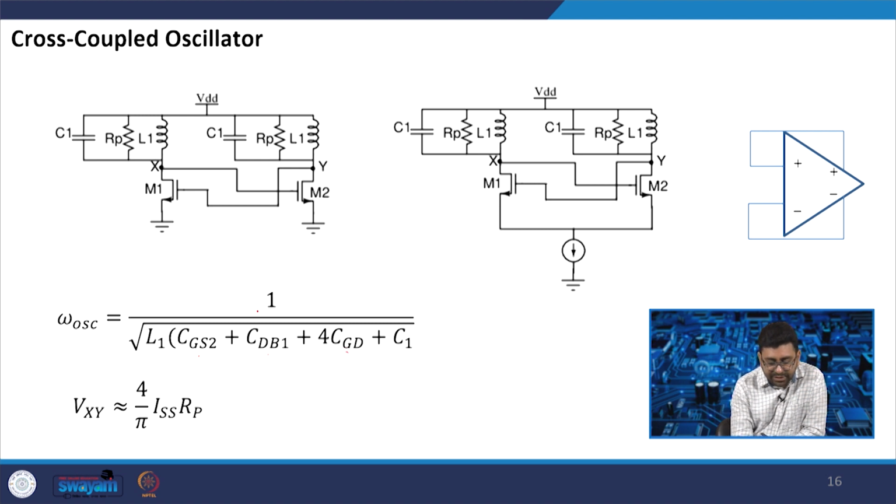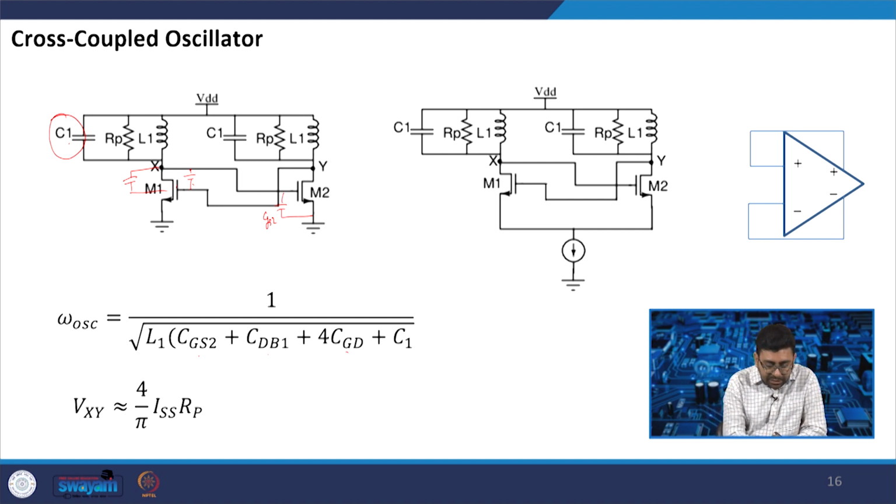CGS is this capacitor, CDB1 means drain to bulk, and CGD is gate to drain, and C1. Because the values of these capacitors are in femtofarad, if you want to add one more degree of freedom, then you can choose a C1, and if you want to oscillate at very high frequency, then you can only connect an inductor also.